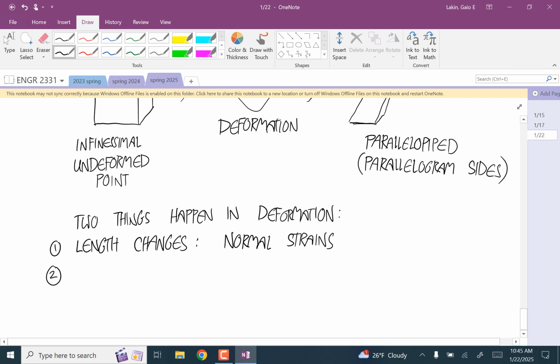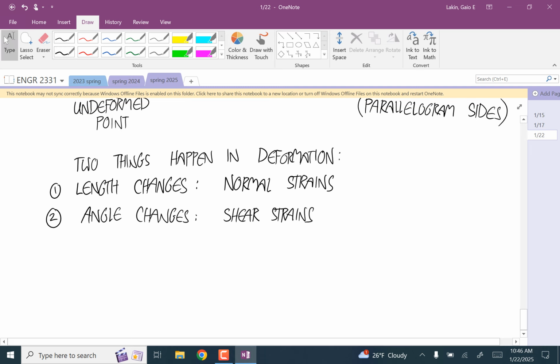And angle changes, and those are going to be defined by the shear strains. So I'm going to start by talking about the normal strains.